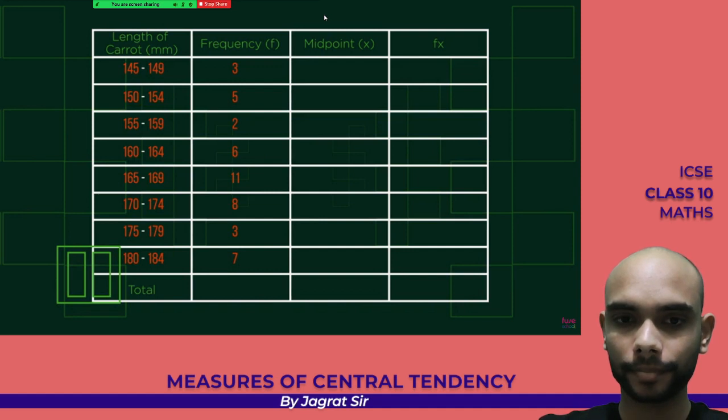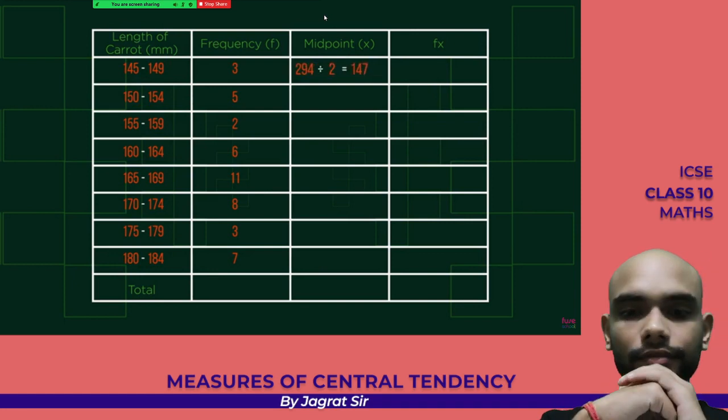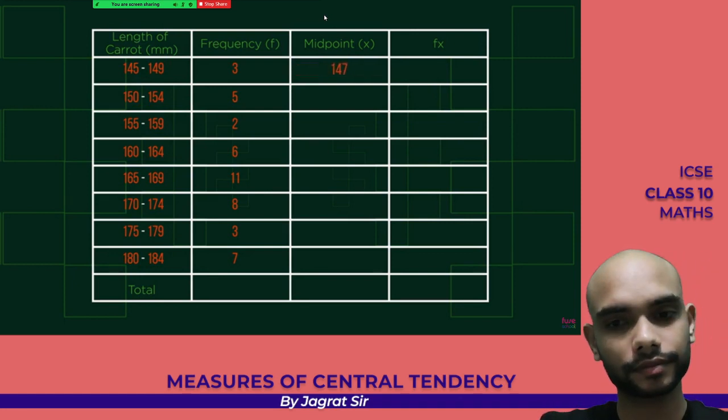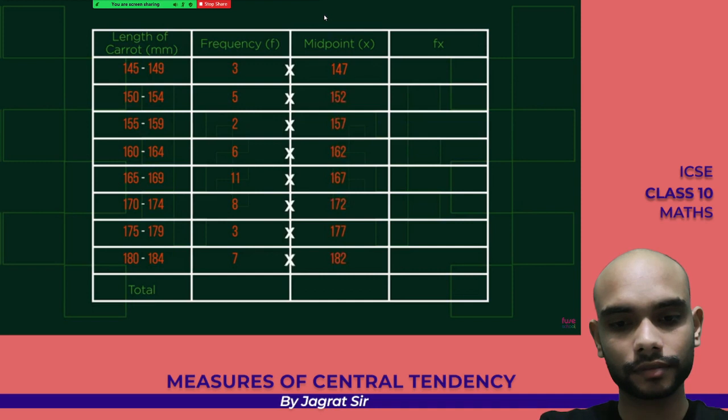Let's see how you got on. Firstly, let's put in the midpoints. We can find these by adding the 2 limiting values together and dividing by 2. So the first midpoint is 147. We then calculate fx by multiplying the frequency by its midpoint.